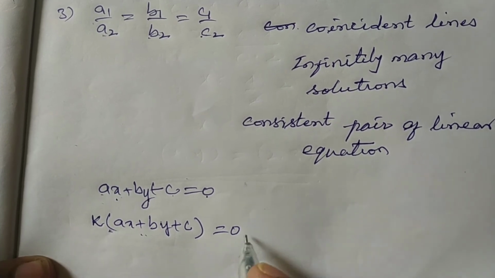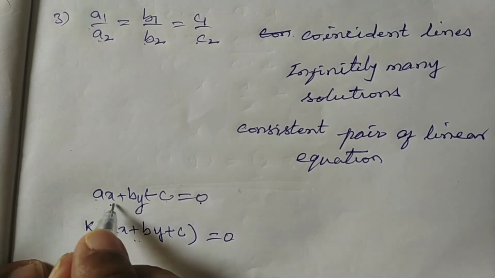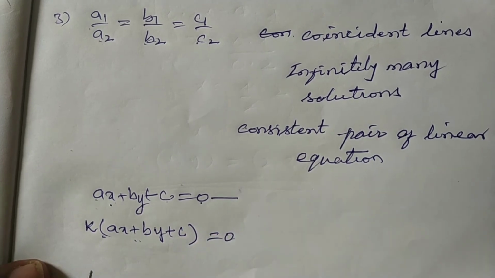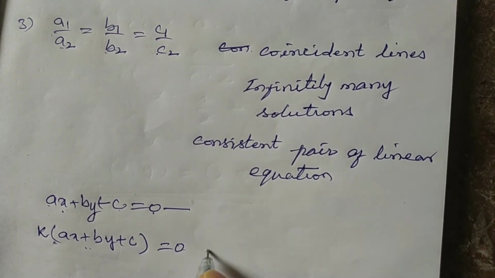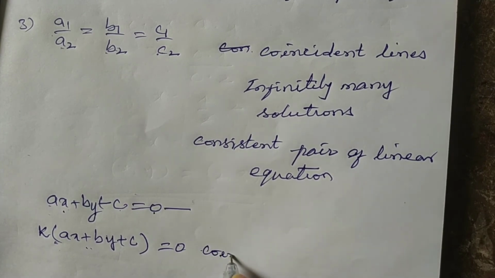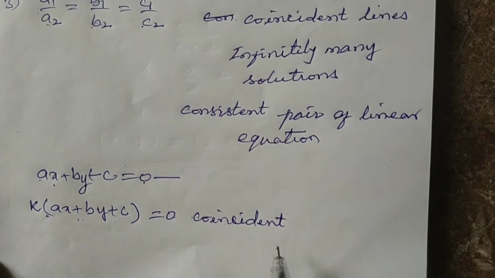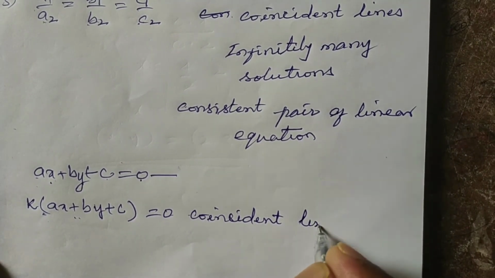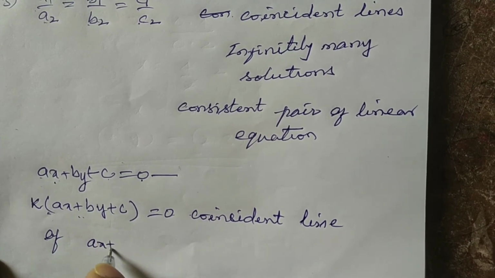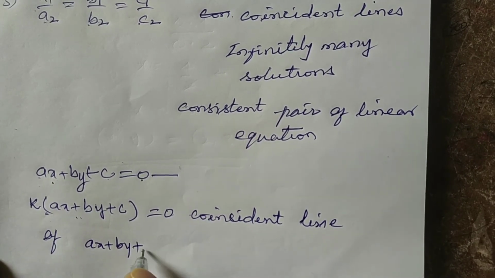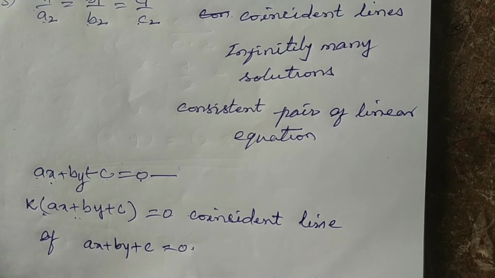This line is the coincident line of ax plus by plus c is equal to 0.